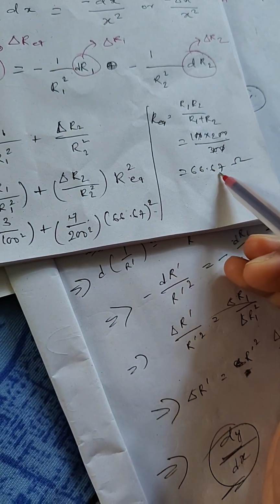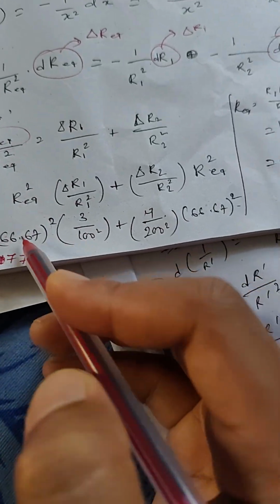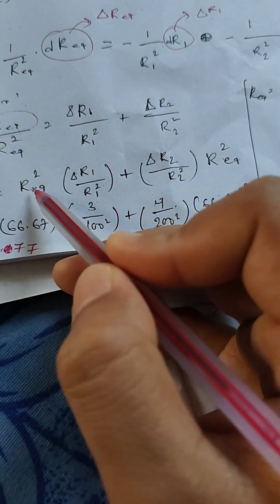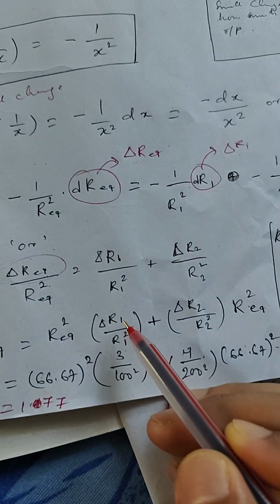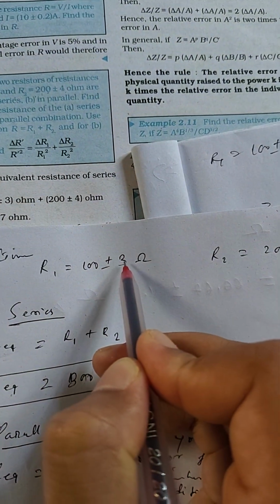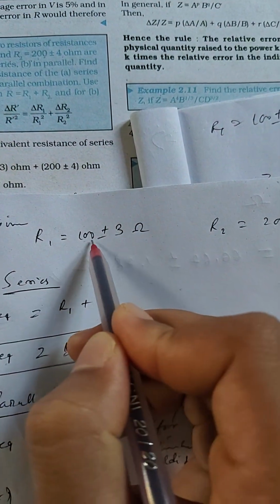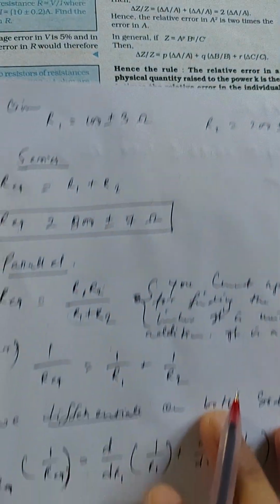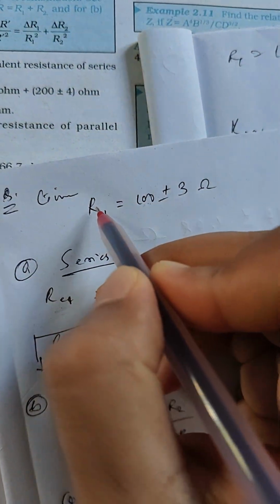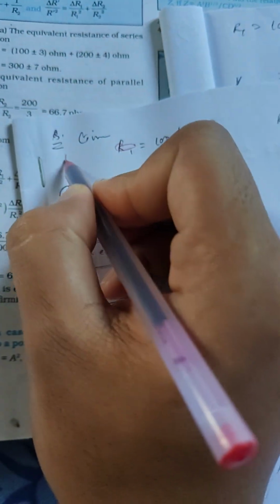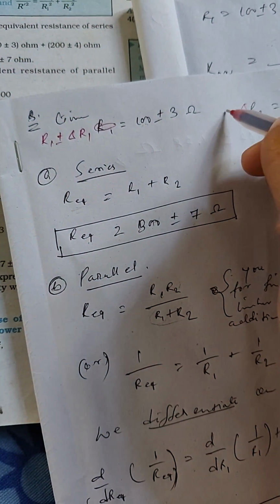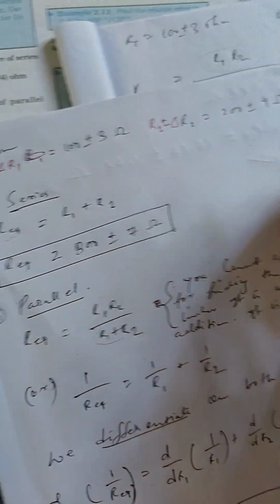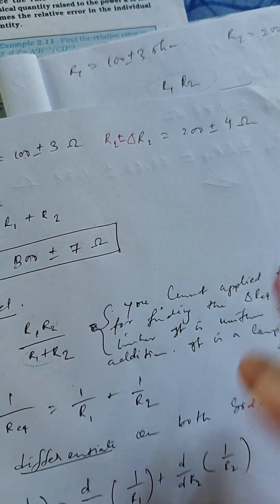R equivalent is 66.67. We put this value, and this delta R1, as I told you, is the absolute error, and this is the measured value R1. It is written as plus-minus delta R1, and the same for plus-minus delta R2.